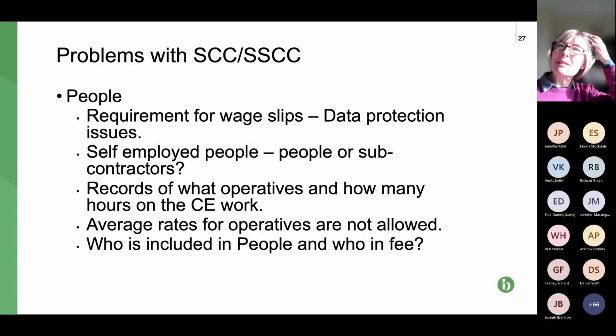It's always problematic proving the cost of self-employed people. And also this third sub-bullet point, the records of what operatives are doing and how long it's taken them, is really problematic.